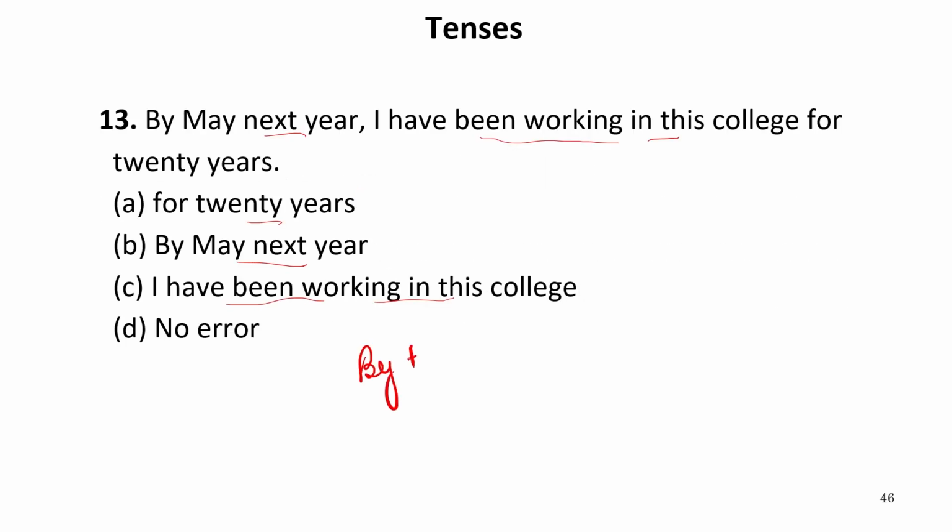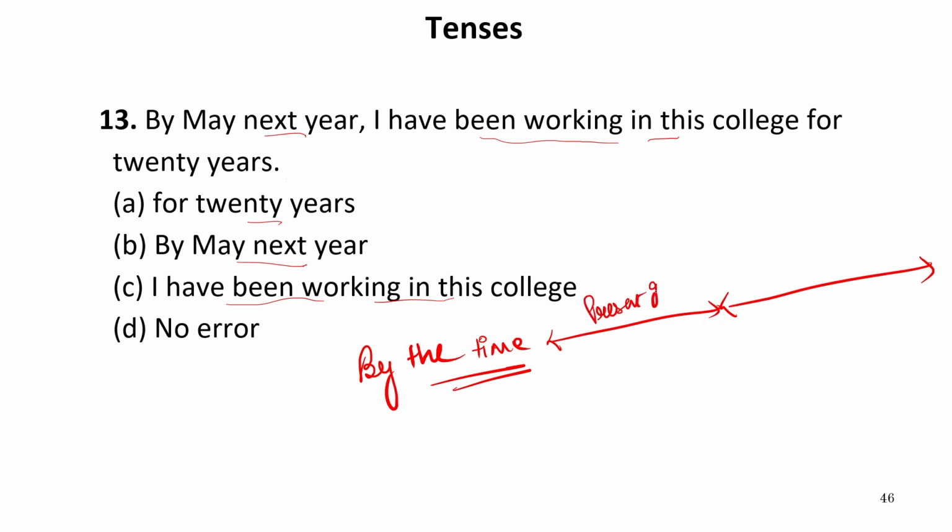In case of by the time, now if some time is given over here, then also it is okay. So sentences are in two parts. One is in present indefinite. And if it is in present indefinite, it will be in future perfect. So this part we have already covered, that is by May next year.